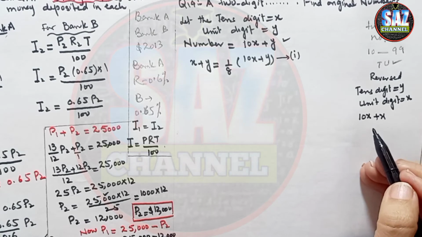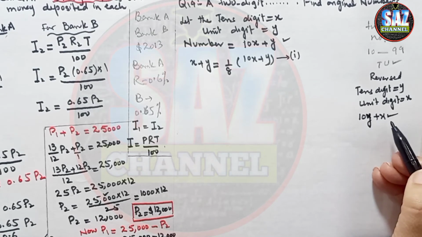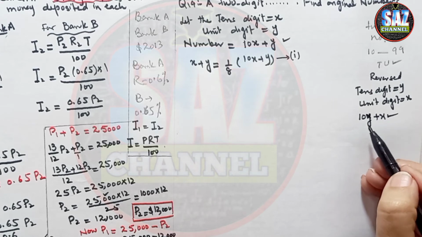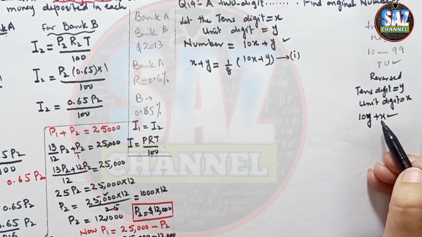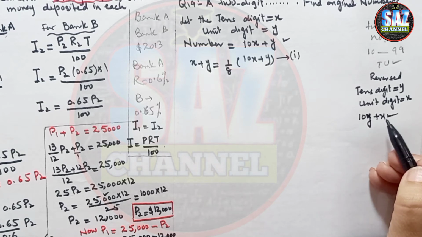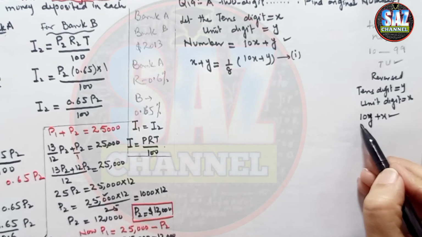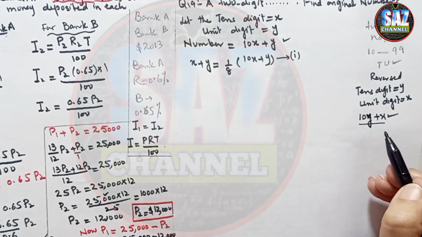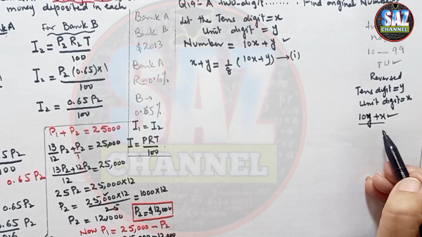10y plus x. I hope you are clear about this, that when we are reversing the place of the digits, the unit digit is becoming the tens digit and the tens digit is becoming the unit digit, and the number is subtracted from the original number. Now the number which is formed by reversing the digits is subtracted from the original number.